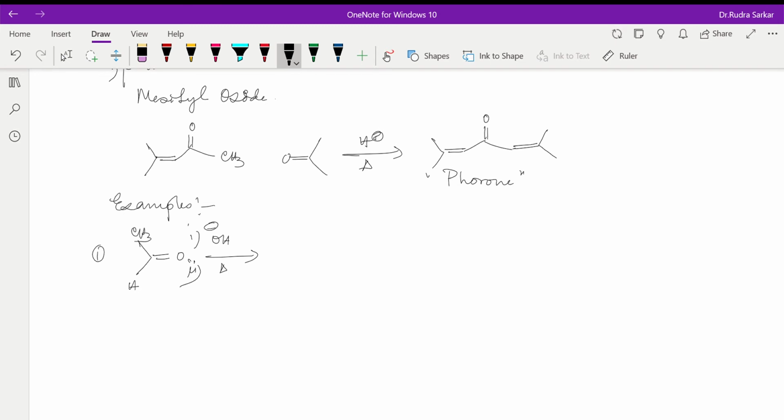Now, what you do in such a case is you write one of the acetaldehyde molecules like this and the other one in such a way that the alpha carbon is next to the C=O of the other molecule.